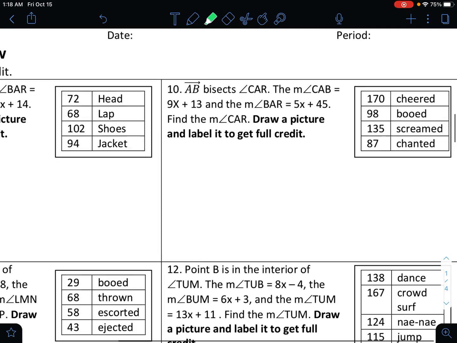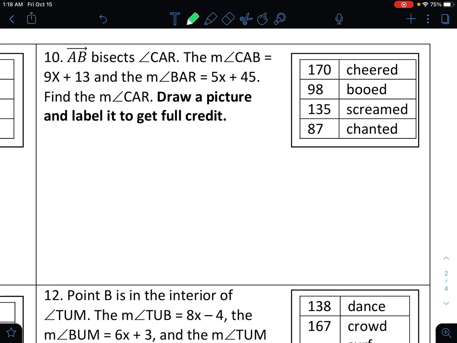All right, number 10. AB bisects CAR. And let's put it over here. No idea how this looks. I'm just making a picture. I don't know if it was supposed to be an obtuse angle or not.